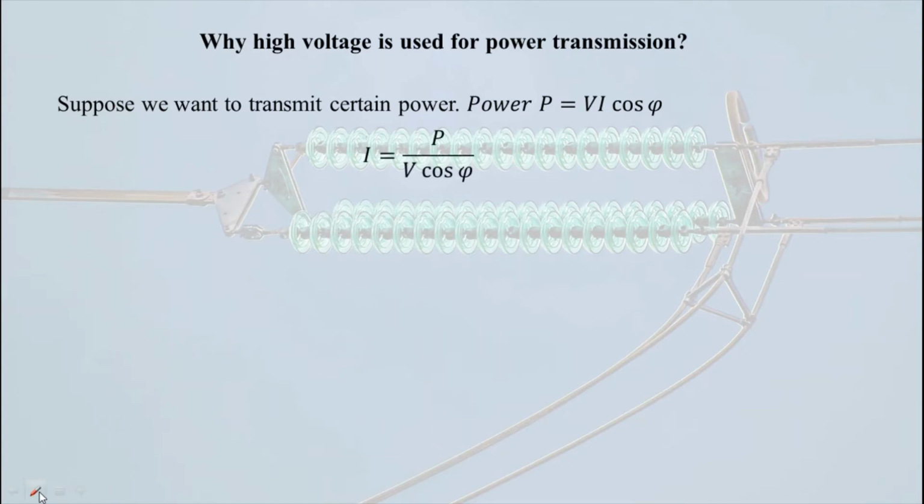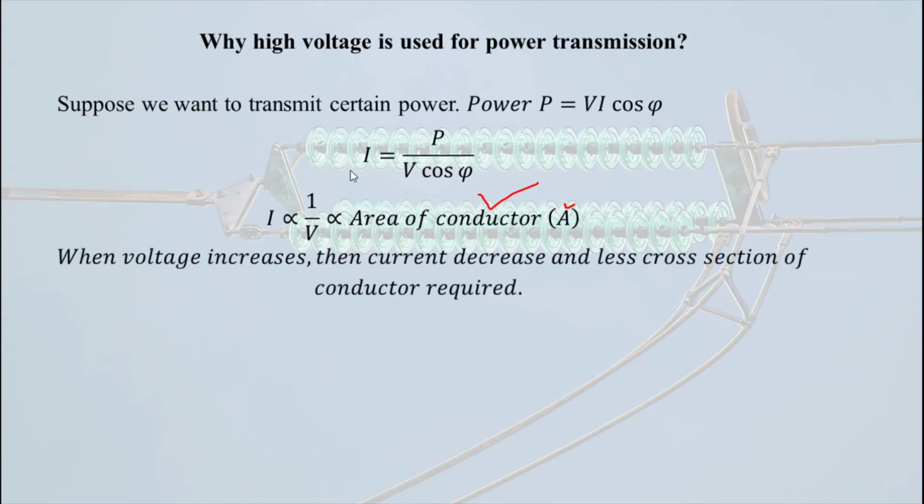It means current is inversely proportional to the voltage, and we know that current carrying capability of a conductor is directly proportional to the area. So we can say that current is inversely proportional to the voltage and directly proportional to the area. It means as voltage of transmitted power increases, then current will decrease, so the area of cross section of conductor will also decrease. It means there is saving of conductor material at high voltage. So this is the first advantage of high voltage transmission.